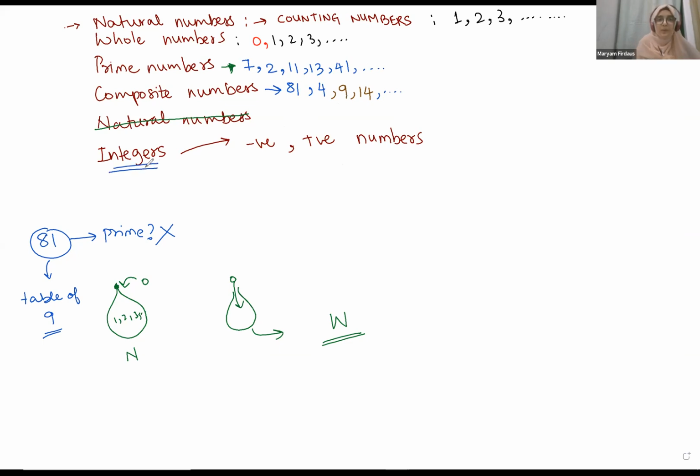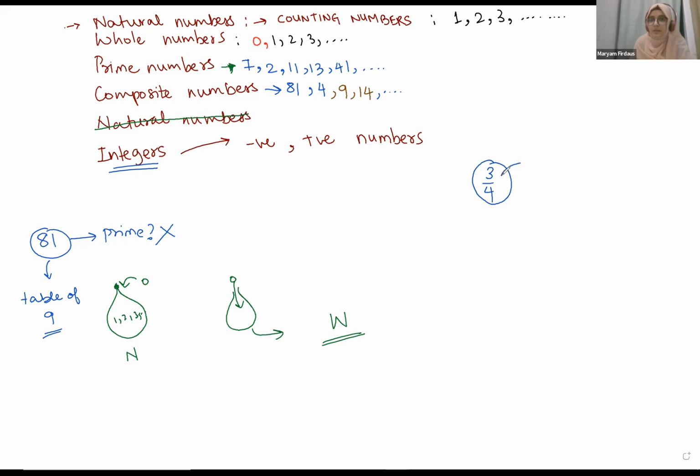Now let's take a look at integers. The way we define integers, you were halfway correct. You said they are negative and positive numbers. Okay, Hiba, can you tell me, is 3 by 4 a number? Yes, but what type of number is this?